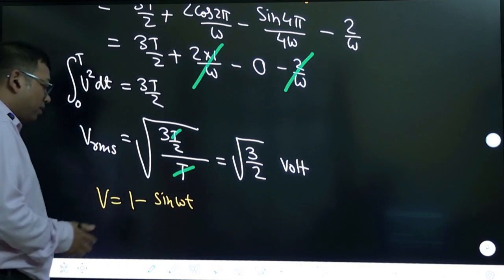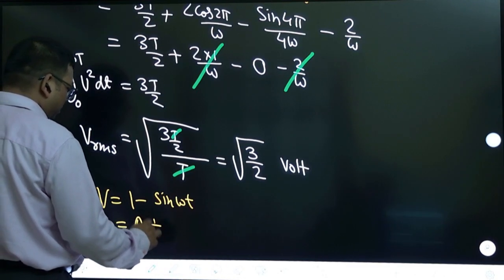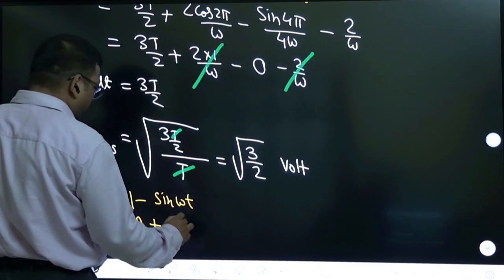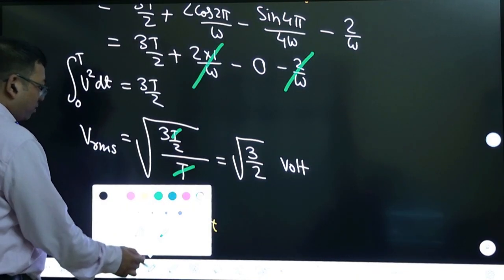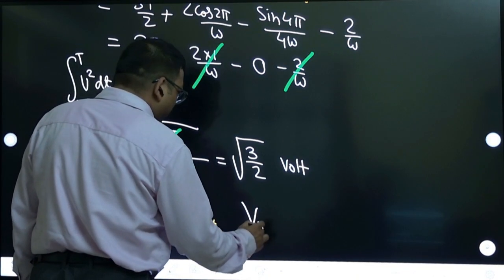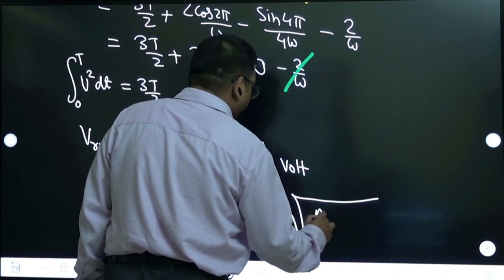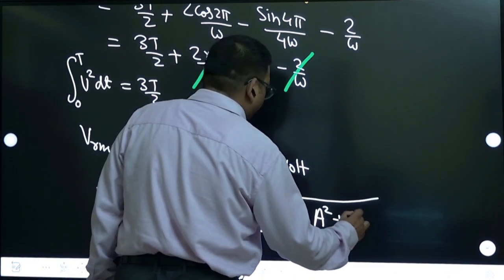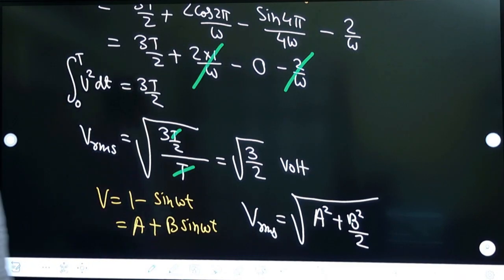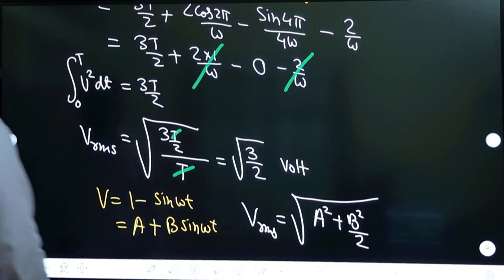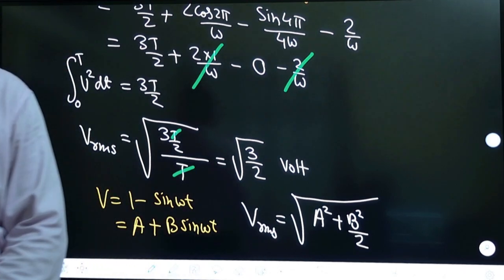Now if I say that this can be written as a plus b sine omega t, then I have a direct formula to calculate Vrms. That formula is Vrms equals root under a square plus b square divided by 2. Now you see here, did he derive this formula?